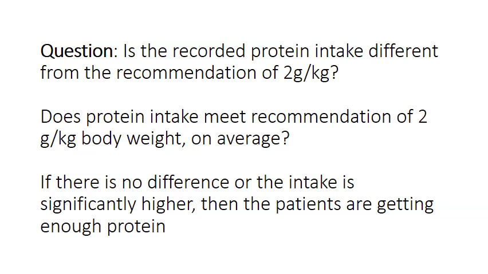They're just above it. And if the mean is lower than 2 and there's a significant difference, then they're not meeting the recommendation. So for example, if the mean is 1.2 and we have a p-value of 0.003, then we know that the kids are not meeting their protein recommendation.